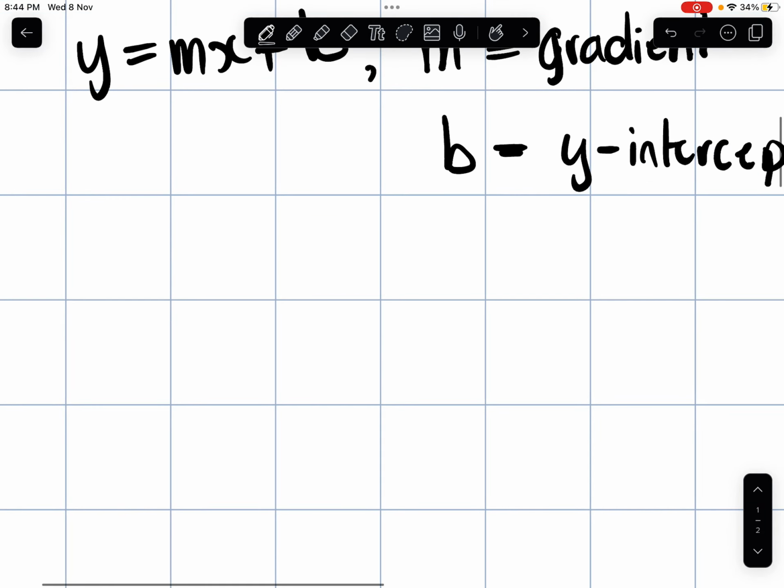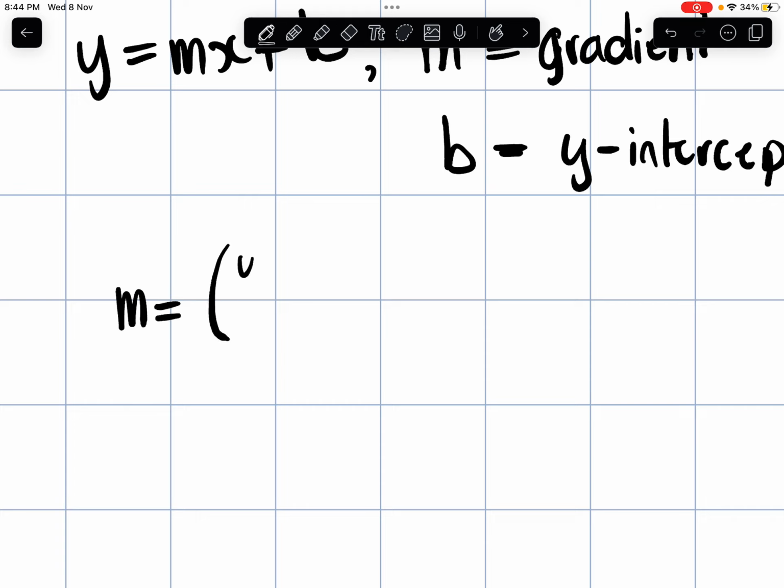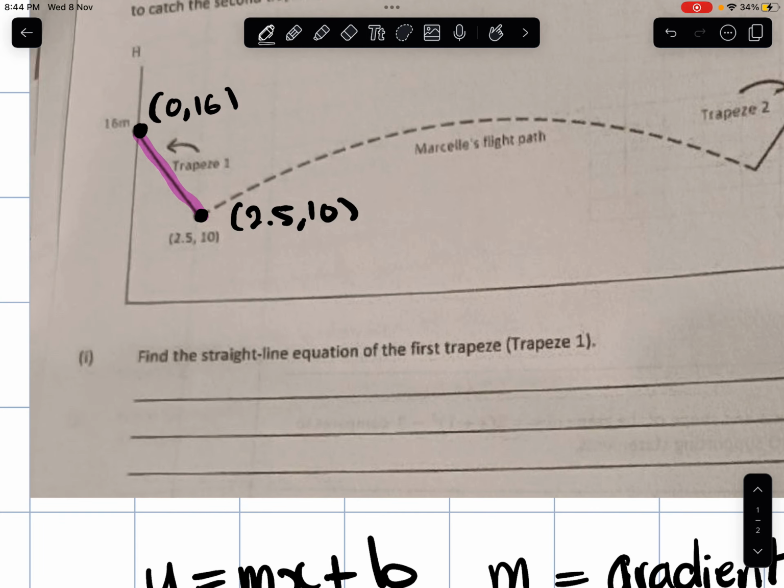Now to find the gradient, you use rise over run. So y2 minus y1, the difference in height, over x2 minus x1, the difference in length. So it's basically looking at this height divided by this length, right?